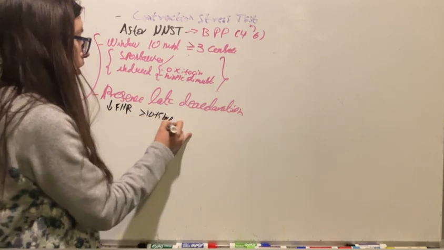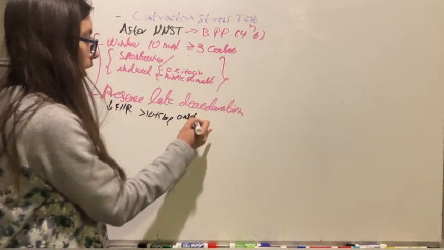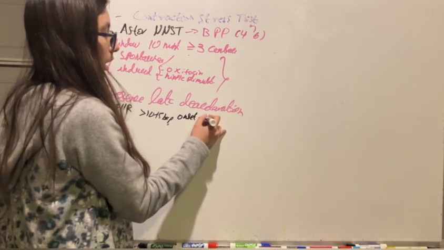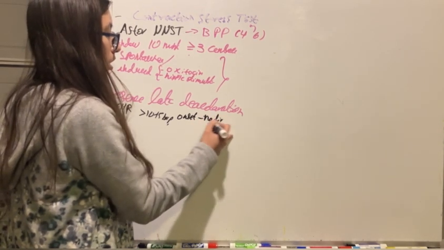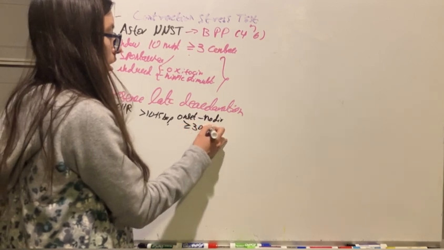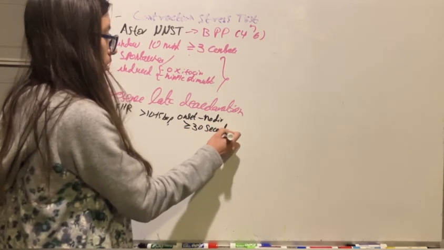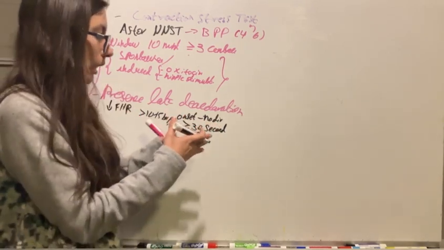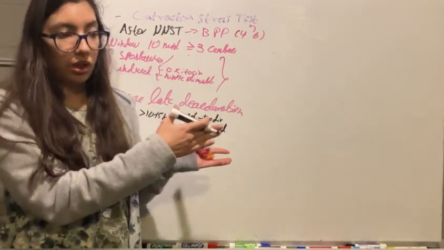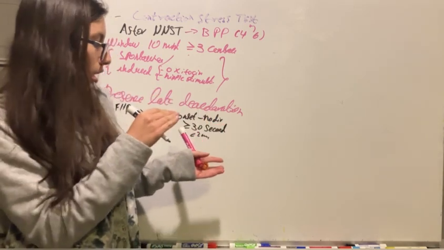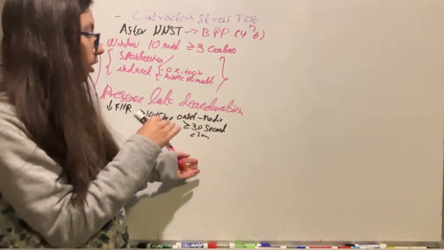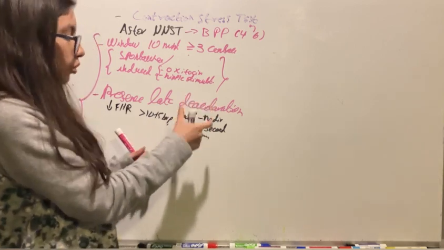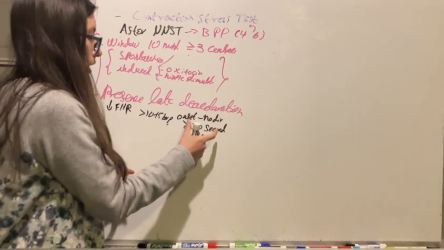From the onset of the deceleration to the nadir of the deceleration, this is greater than or equal to 30 seconds. But this should be less than 2 minutes, because if this lasts more than 2 minutes, then we will call this a change in basal heart rate. So this should be greater than 30 seconds, the onset to the nadir of the deceleration.